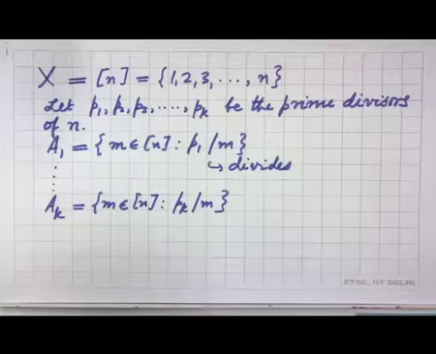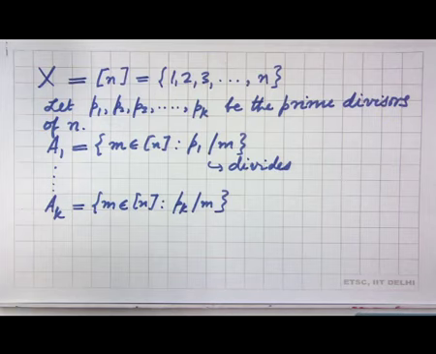Let me take a minute to again reconfirm that what I'm looking at from the left hand side is what I want. What is not in any of the AIs? Well, they have to be in x, so it's certainly an integer between 1 and n. If it is not in A1, then P1 is not dividing that number. If it is not in A2, then P2 isn't dividing it.